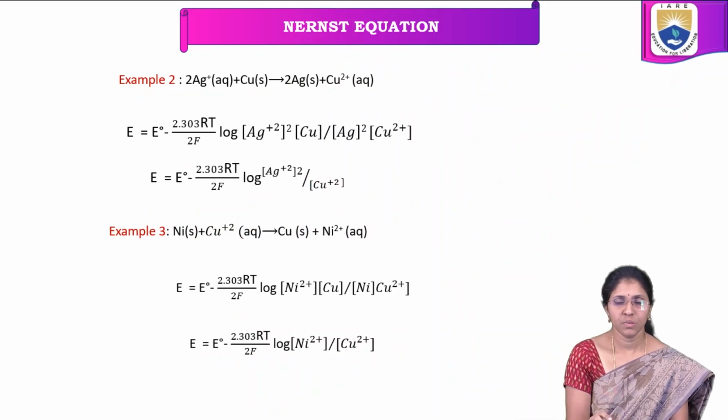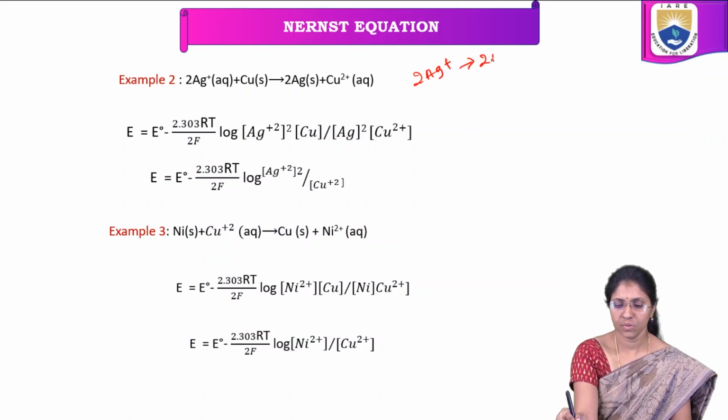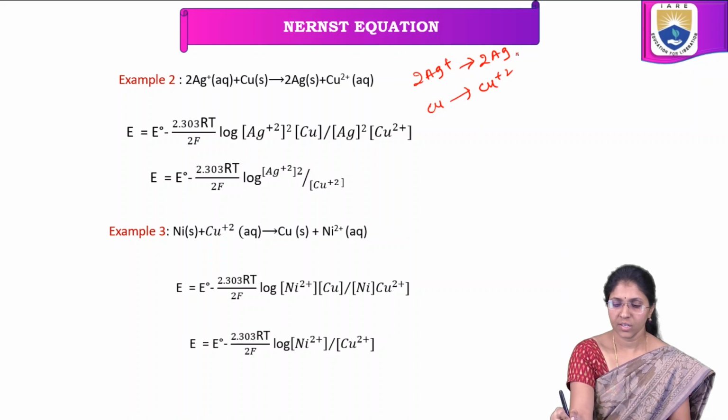So example 2 is 2Ag plus and copper gives rise to 2Ag and copper plus 2. Here 2Ag plus is converted into 2Ag, and copper is converted into copper plus 2.